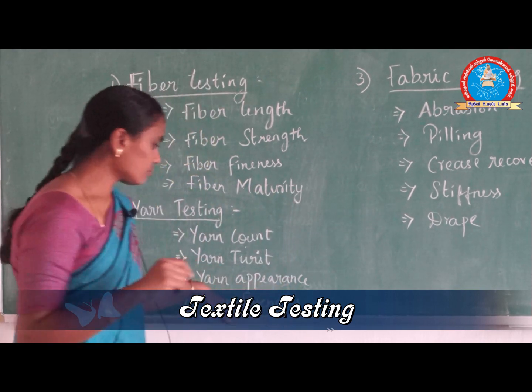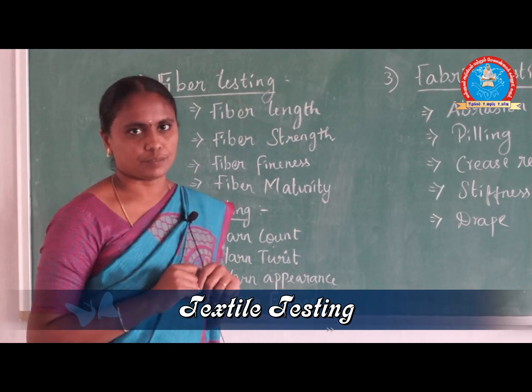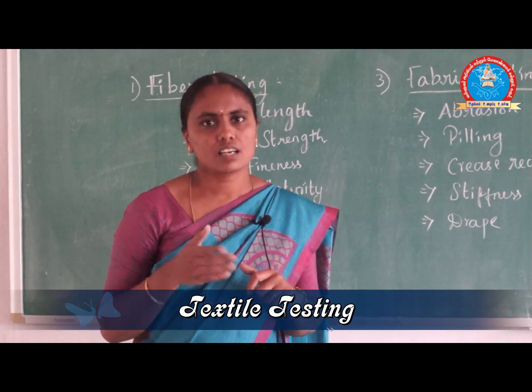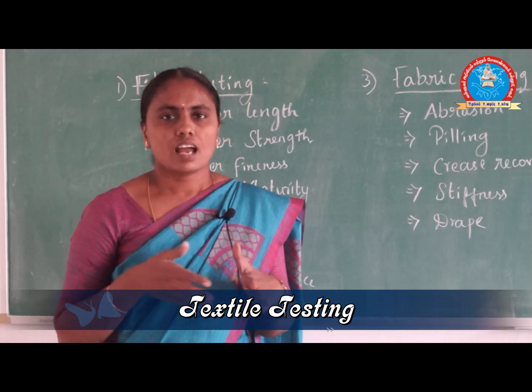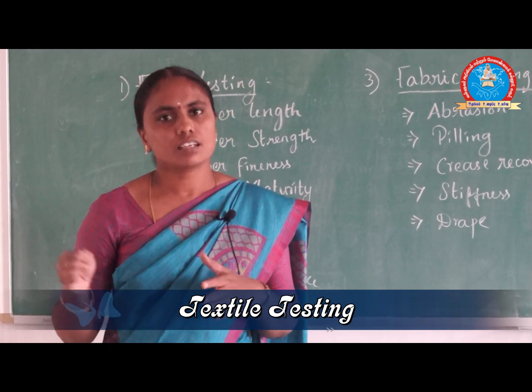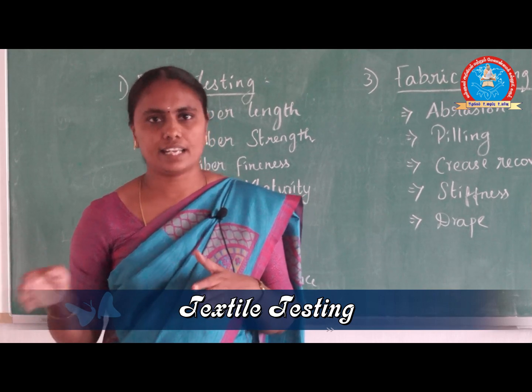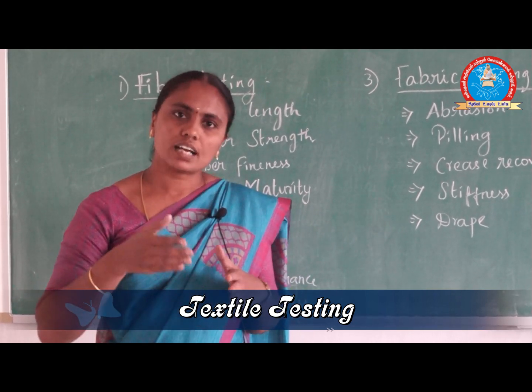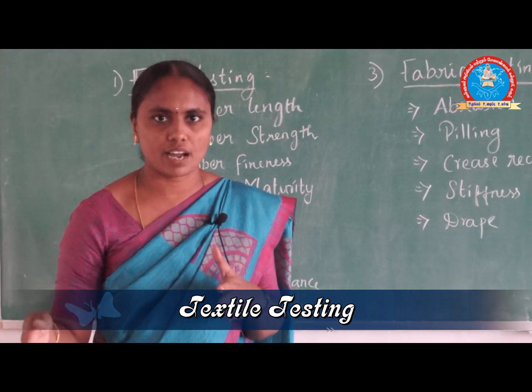And then the yarn appearance tester. For yarn appearance, ASTM standards give grades like grade A, grade B, grade C, grade D. Based upon the yarn quality, the grades can be easily evaluated.